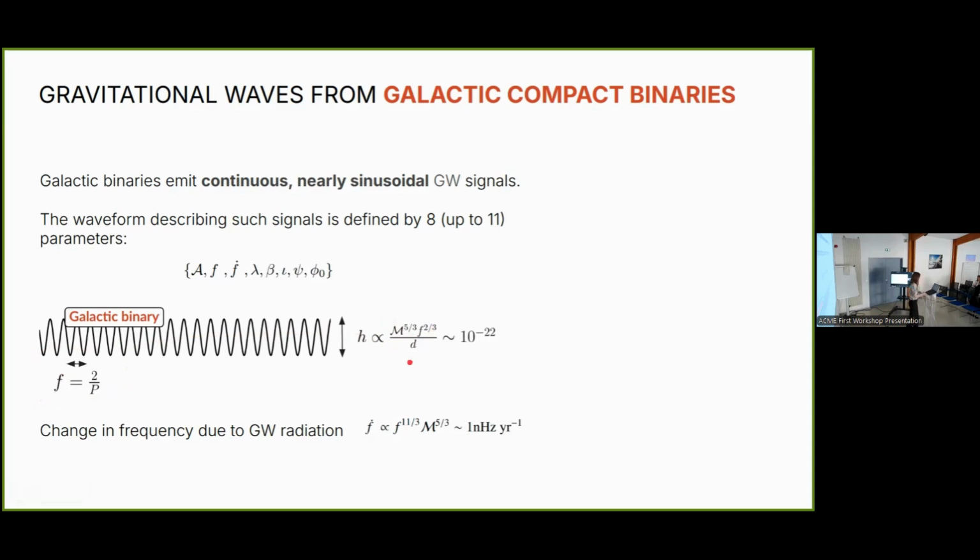And if we plug in typical numbers, for instance, for white dwarf binaries, we get amplitudes of the order of 10 to the minus 22, which is within LISA reach. And just for your reference, the typical change in the binary's orbital period due to gravitational wave radiation for our galactic sources is of the order of 1 nanohertz per year, so extremely slow compared to LIGO sources.